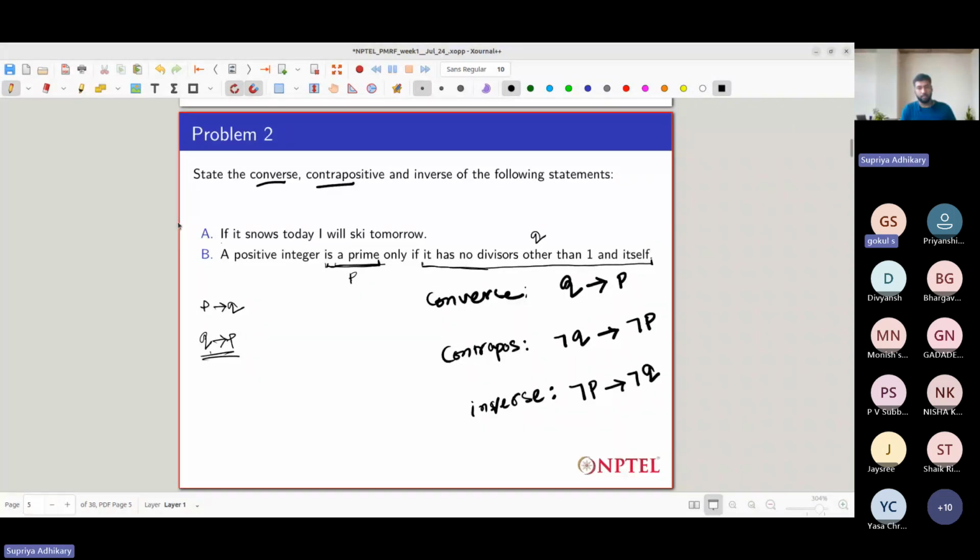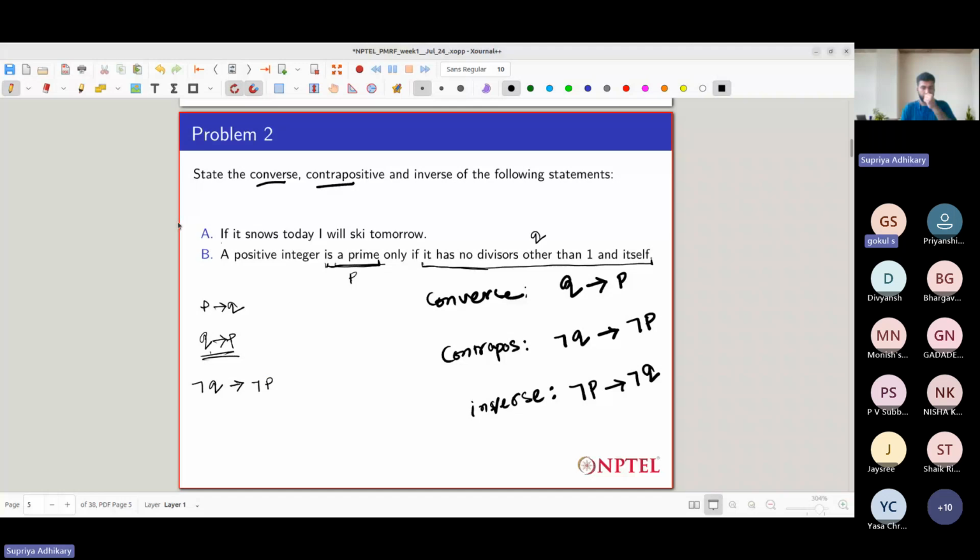Again, the contrapositive statement: negation Q implies negation P. So what is the negation of Q? A positive integer has at least one other divisor, so we can say it is not a prime. That should be the contrapositive.